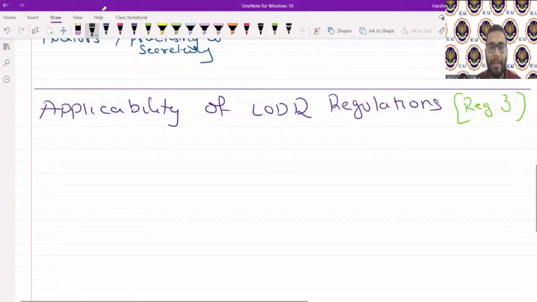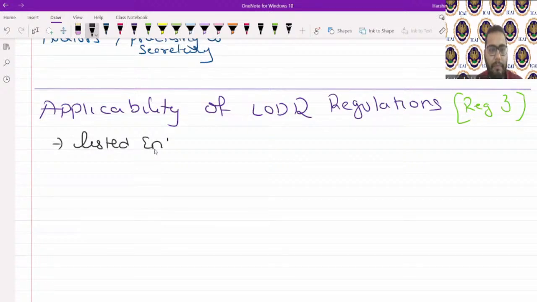Now to whom is it applicable? Unless provided otherwise, it is applicable to all listed entities. So it is applicable to entities who have listed their securities on the stock exchange.